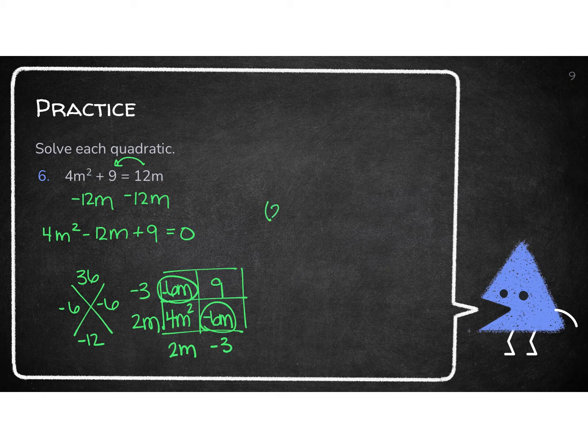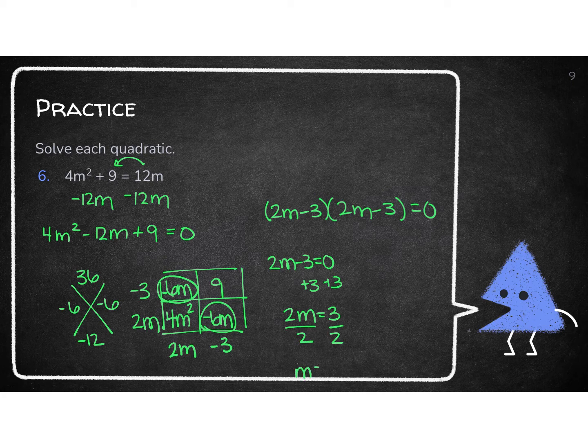So I would factor that into 2m minus 3, 2m minus 3 equals 0. So now we can set each of them equal to 0. So plus 3, 2m equals 3, divide by 2, m equals 3 halves. And then since this would be the same thing, I don't have to rewrite all that out again. I can just write 3 halves.